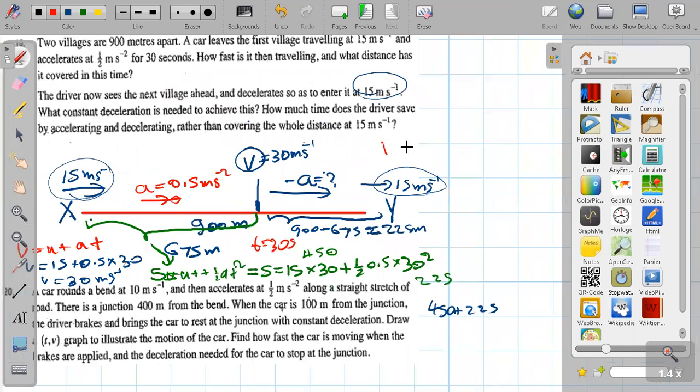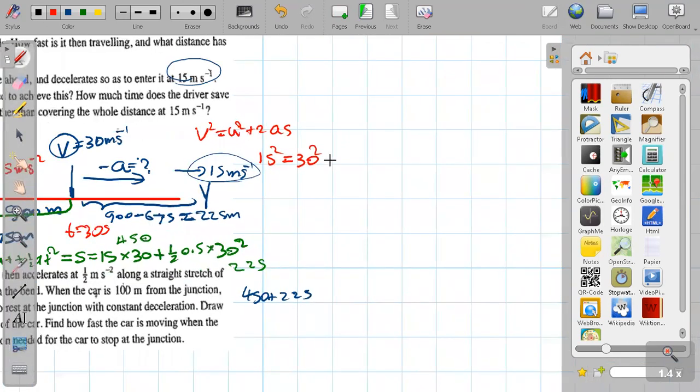You can use v squared equals u squared plus 2as. What is my v squared? 15 squared equals 30 squared plus 2 times a times s. So finally, it's 225, 900, 450.